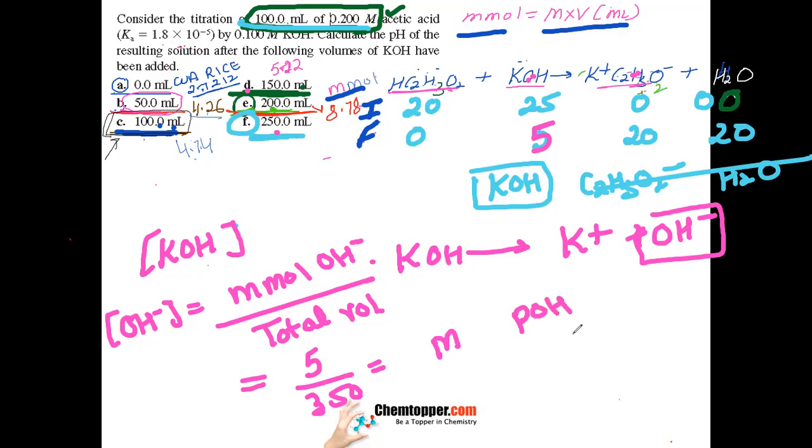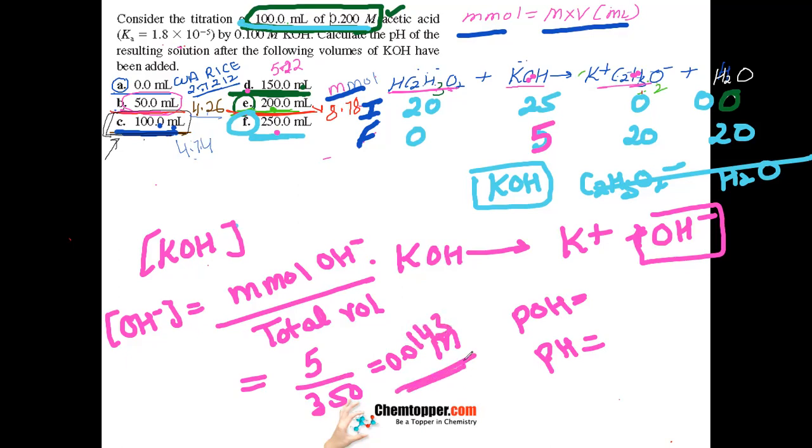What's the concentration of the OH minus? Get the pOH and get the pH. Can you work this answer faster than me? Get the molarity of OH minus, pOH and pH. So the molarity is 0.0143.